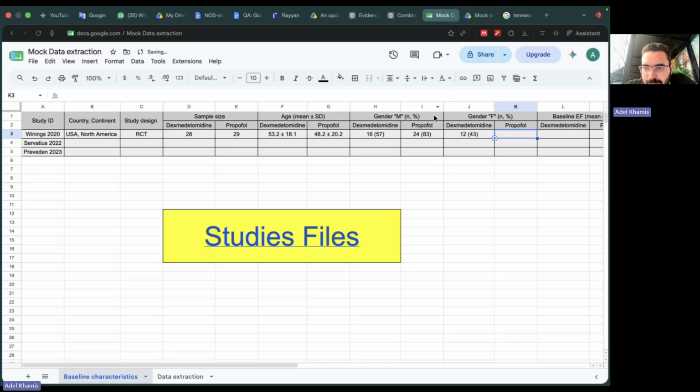And for the propofol, it was 29, so they are 5, and this 5 is considered 17%. So yeah, 5, 17%.